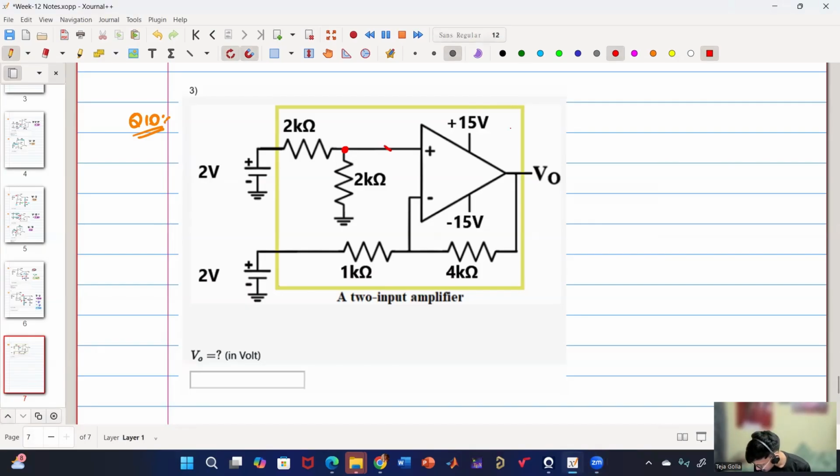So this current is 0, right? So basically now it has become a resistor divider, right? So this is nothing but 2K by 2 plus 2K into 2 volt, right? 2K, 2K are in series and the supply is 2 volts. So both will carry 1 volt, 1 volt. So this middle voltage is 1 volt, right?